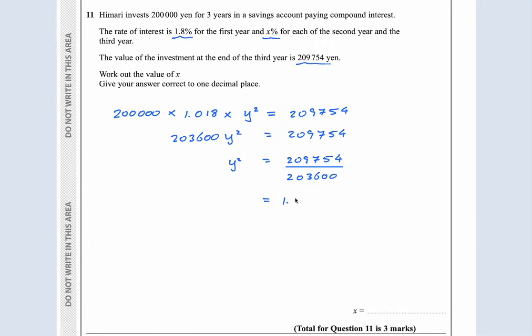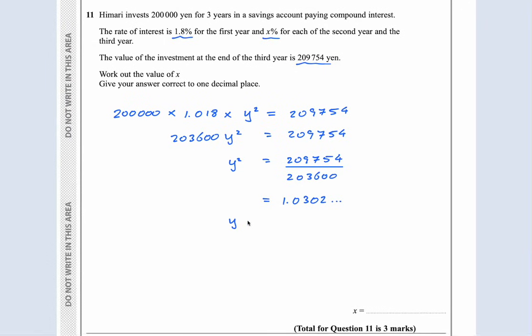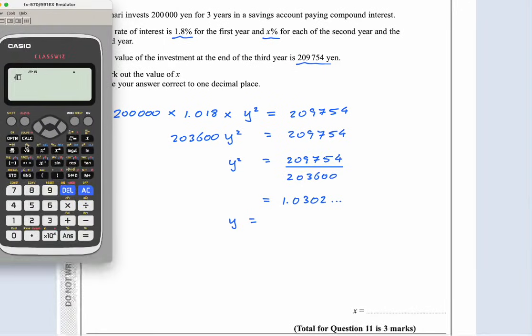Let's do 1.0302... I'm going to put the dots because that means I'll use the calculator's answer. And then y is equal to the square root of the answer, which is 1.015.